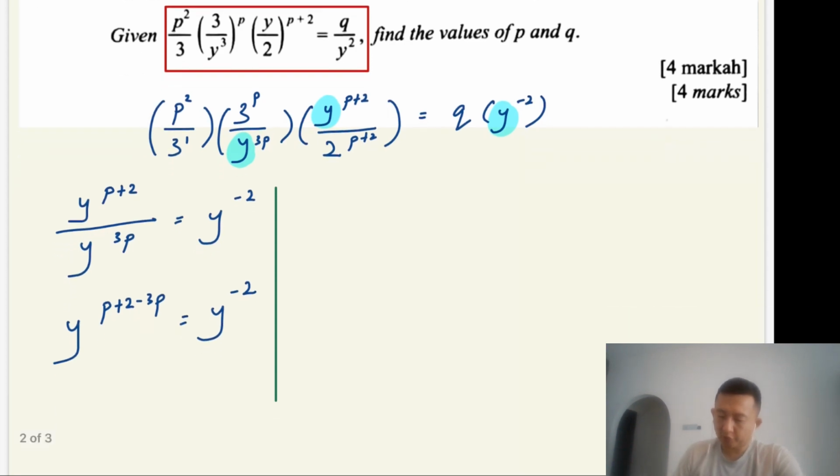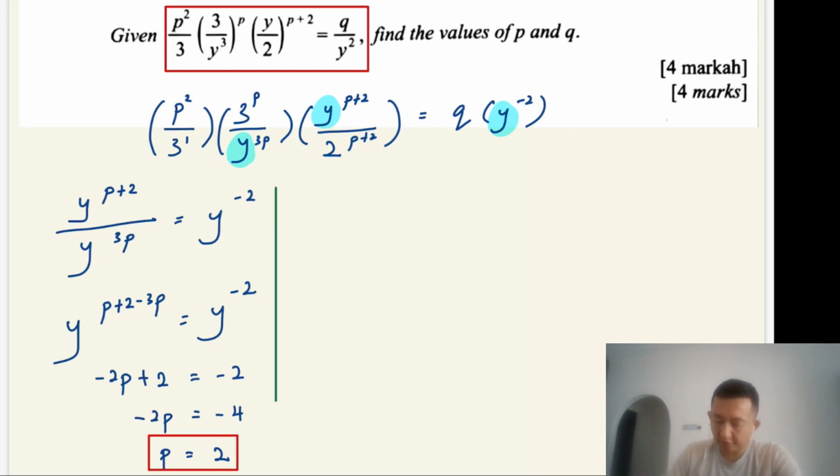So by doing a comparison, P minus 3P is minus 2P, plus 2 equals negative 2. From here you can tell that the value of P is 2.